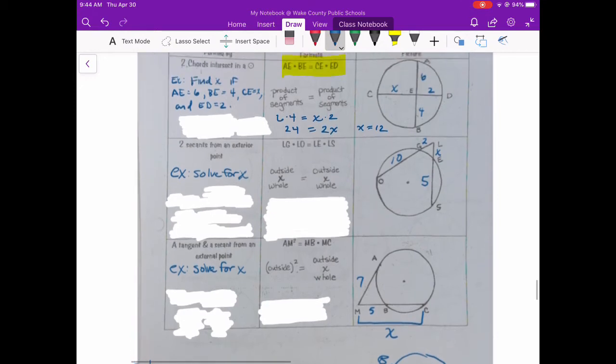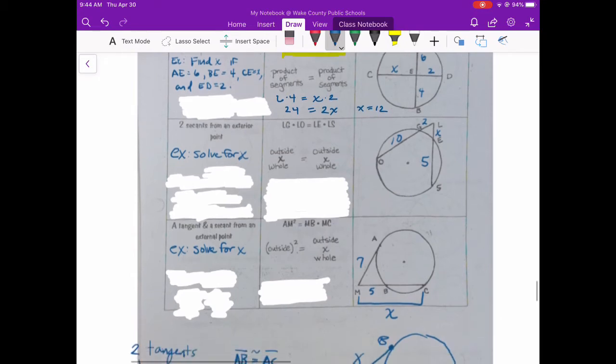So back up. The first example, the two segments intersected inside the circle. Now we're talking about intersecting outside the circle. So if they intersect outside the circle, then you get this outside times whole equals outside times whole relationship. All right, what are you talking about? I'm going to focus on this LO first.